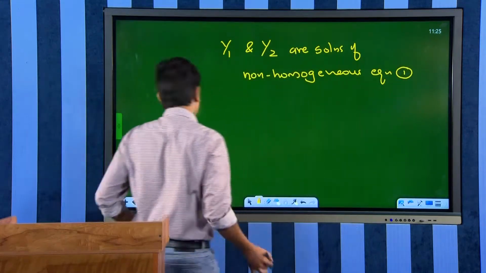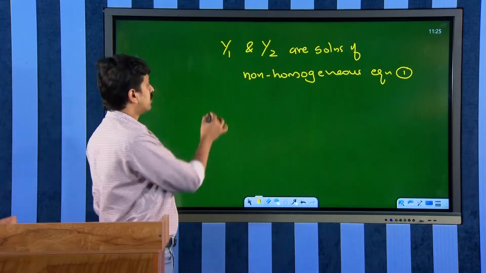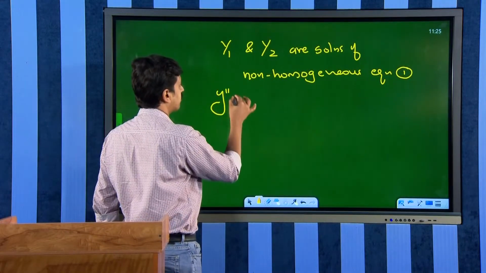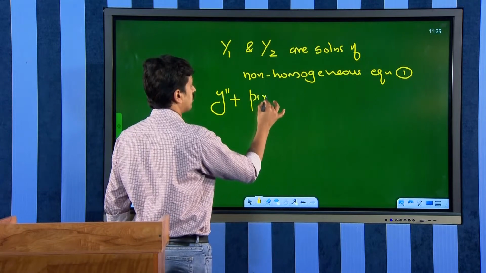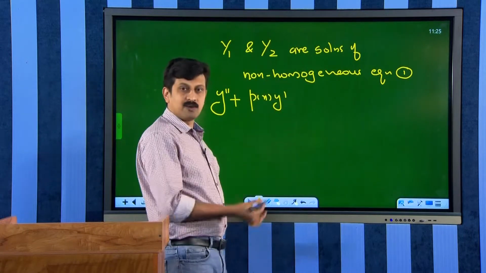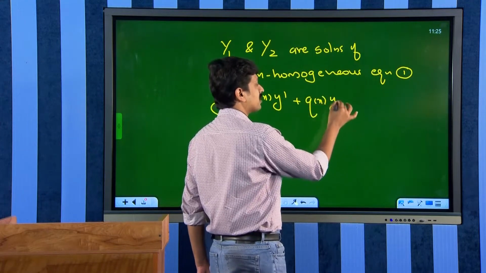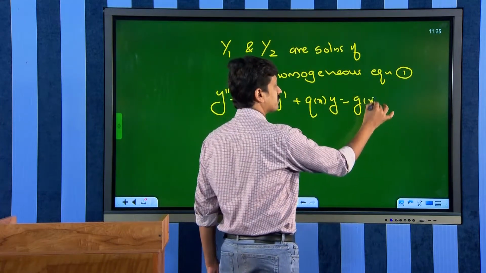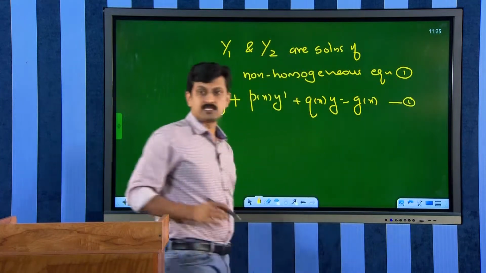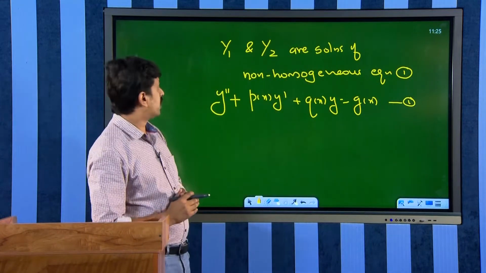This is our non-homogeneous equation, y double dash plus p of x y dash plus q of x y is equal to g of x. This is equation 1, the non-homogeneous linear differential equation.